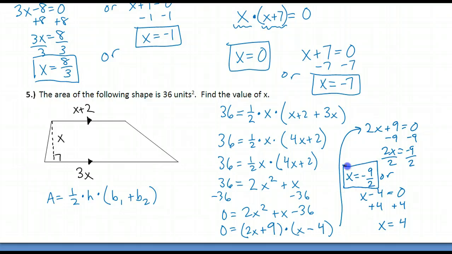So x has to equal -9/2, or x has to equal 4.